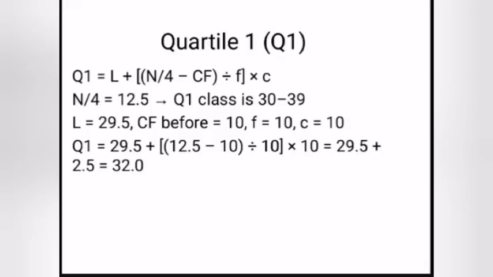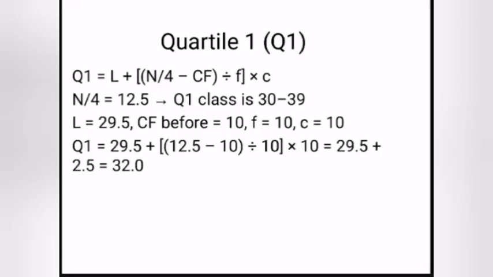So first of all, we'll find the Q1's class. And to find the Q1's class, the way we did in the median, remember, in the median we did n over 2. Here, we're going to do n over 4. And remember, n is 50. So 50 over 4 is 12.5.